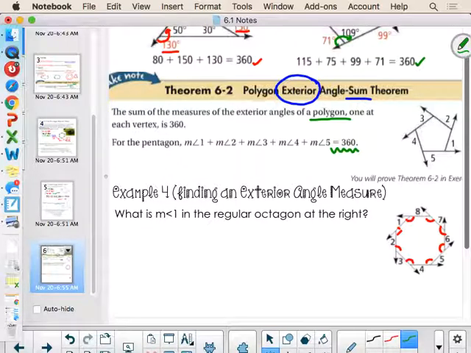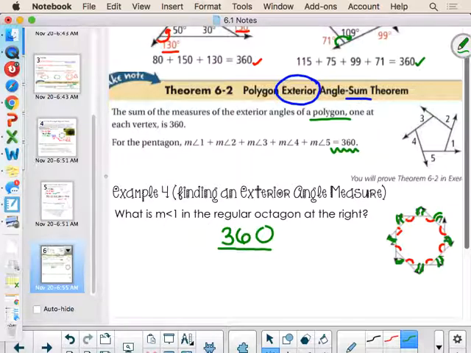We just learned a fact. Because all of the exterior angles add up to 360, I want to use this fact. Because all the interiors are the same, all the exteriors are also going to be the same, because they are all congruent to the same supplement. That would be the congruent supplements theorem. So because they're all the same, I need to distribute them evenly amongst 360.